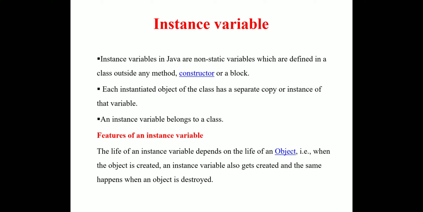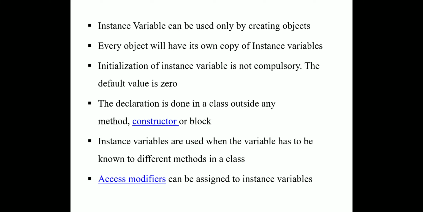Same when we delete the object, at that time the instance variable is also deleted or destroyed automatically. And an instance variable can be used only by creating an object. And every object will have its own copy of the instance variable.